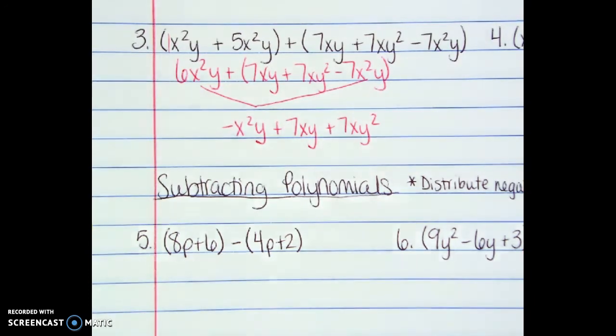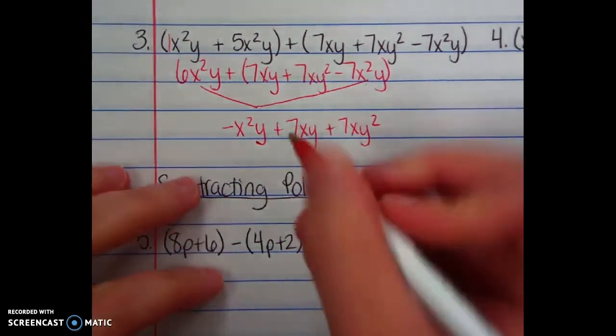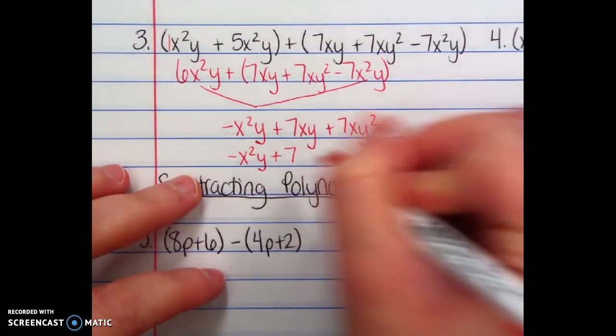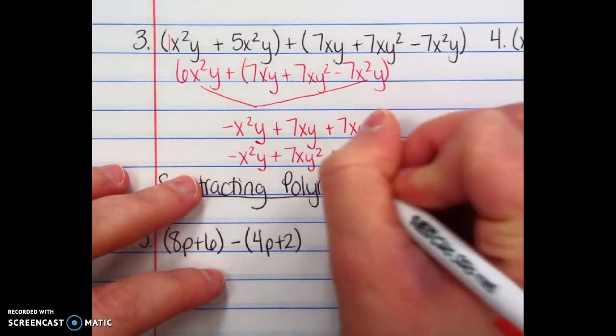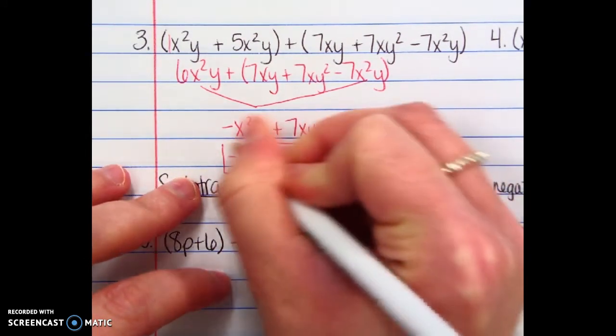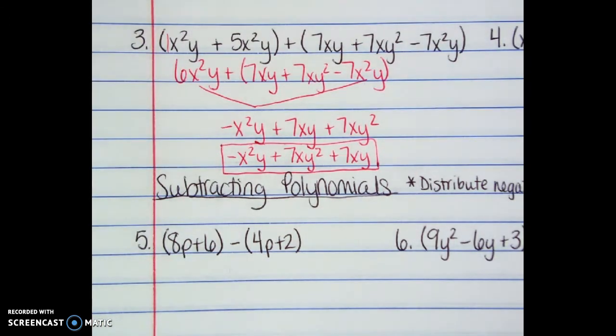Okay, so the one problem I have with this is that it's not in standard form. So for standard form, you would flip these two. So negative x squared y plus 7xy squared plus 7xy. And you should have already seen the video on the degrees and all that stuff.